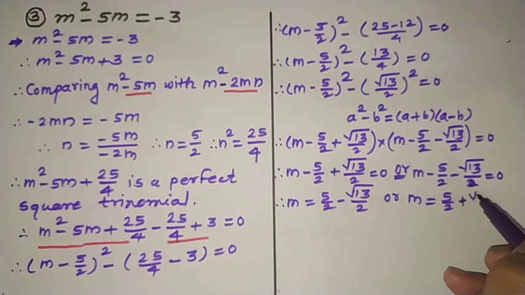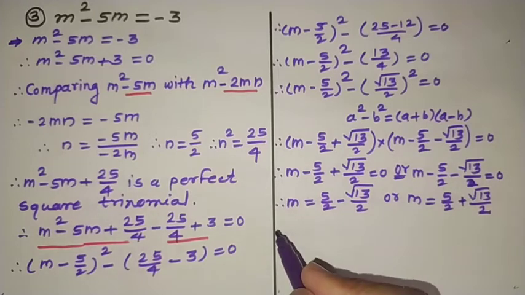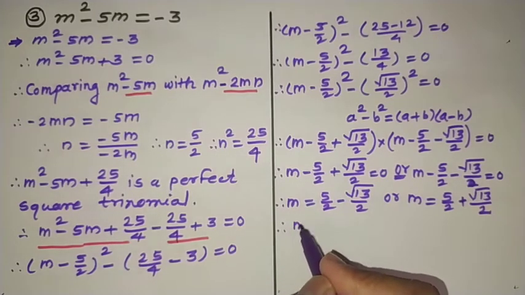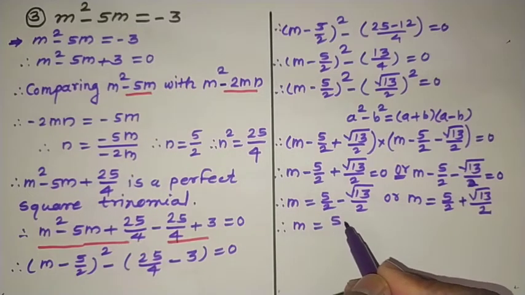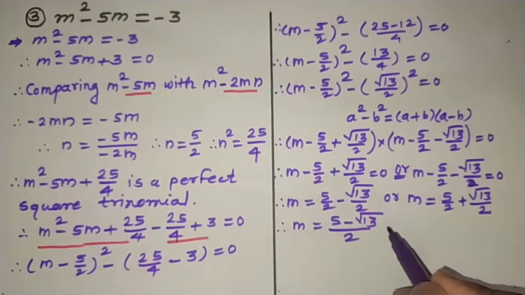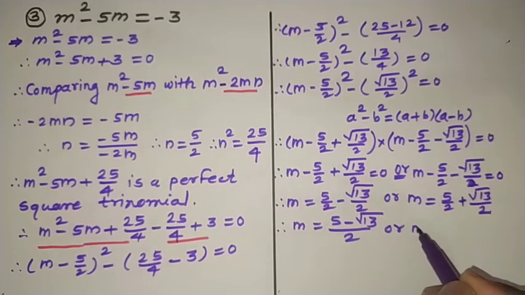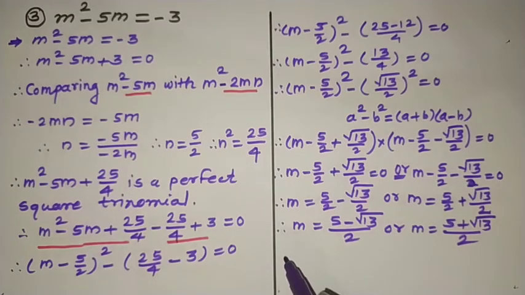Therefore m is equal to, the denominator being the same, (5 minus root 13)/2, or m is equal to (5 plus root 13)/2.